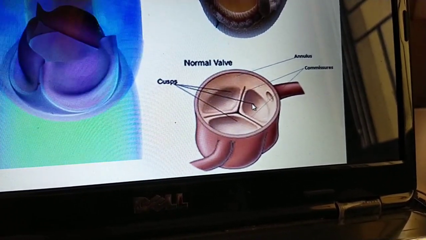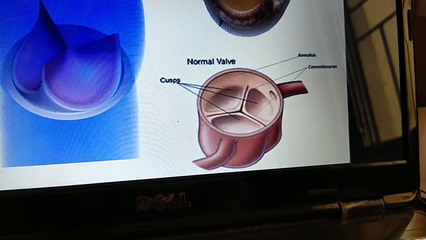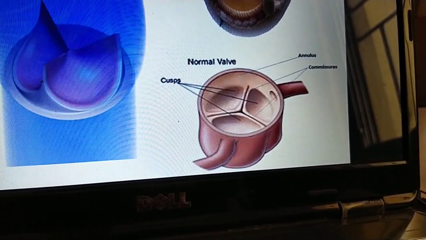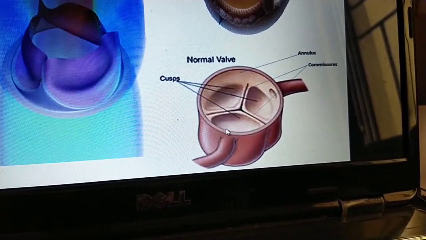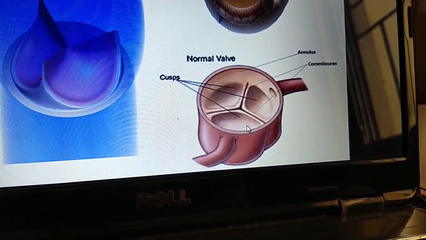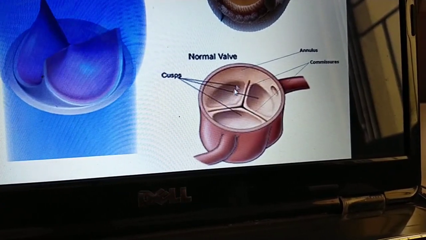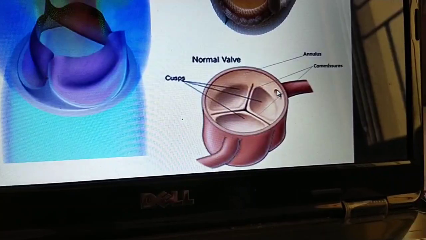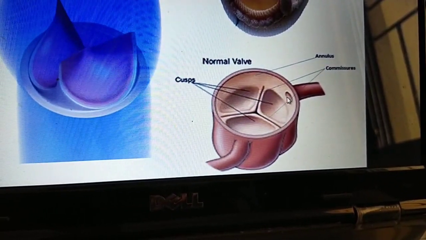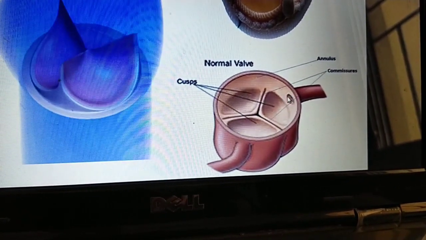This is posterior right and posterior left, and this is the anterior. This opening to the coronary artery is called the coronary ostium.